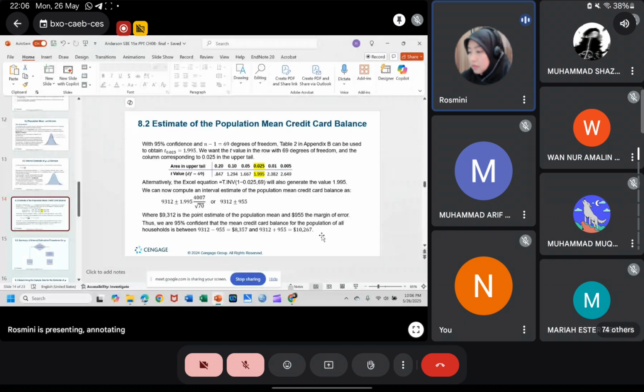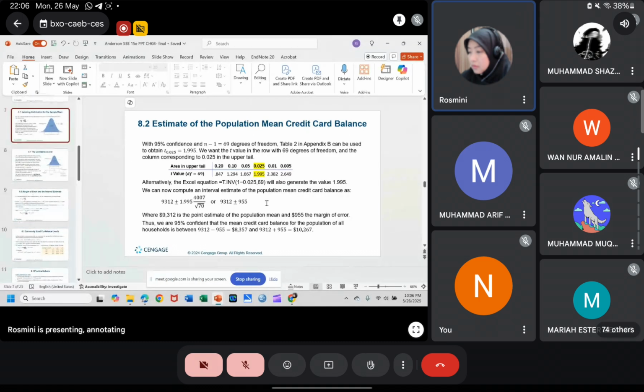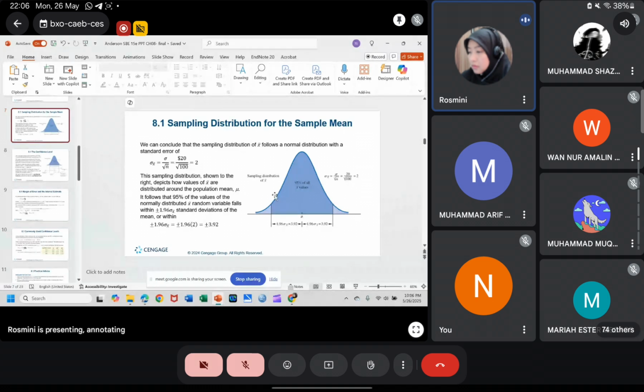So what happens if we do not want 95% confidence? Say we want 90% confidence. Rather than 95%, we want to find 90%.